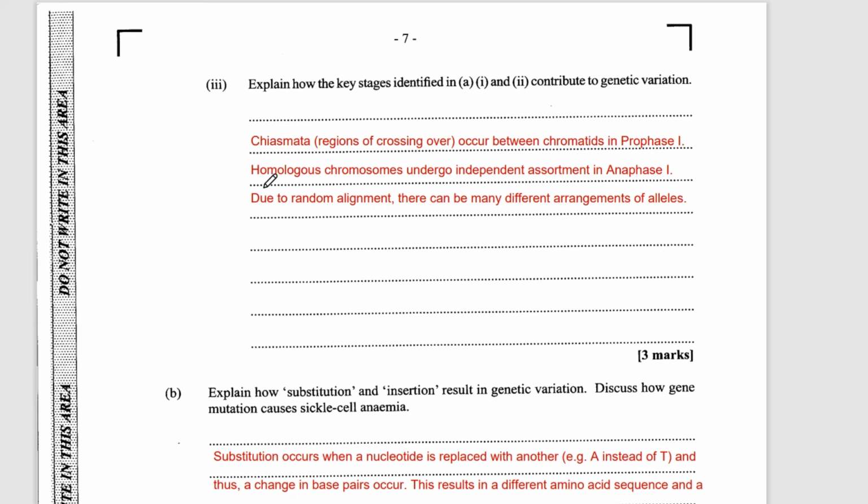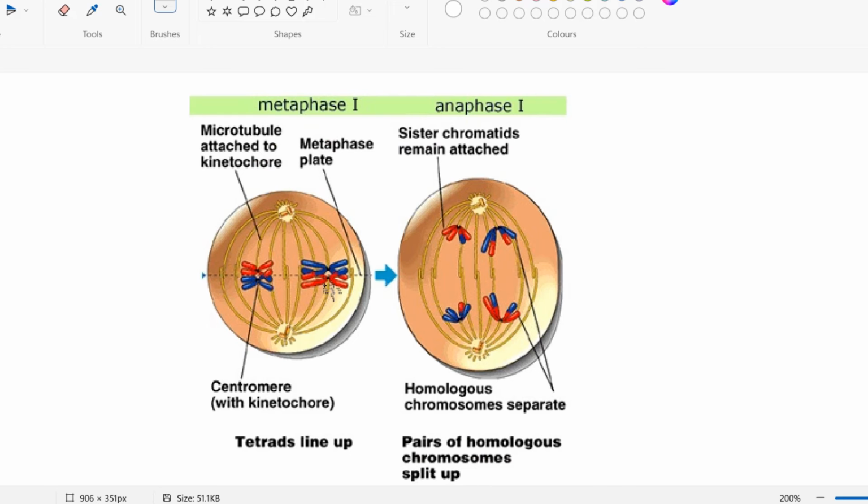Now, in anaphase 1, homologous chromosomes undergo independent assortment, and due to the random alignment, what you'll also have is many different arrangements of alleles. Because these chiasmata could form at any point, if I look back at this diagram here, you'll see where we have chiasmata here, but they could occur almost anywhere, right?